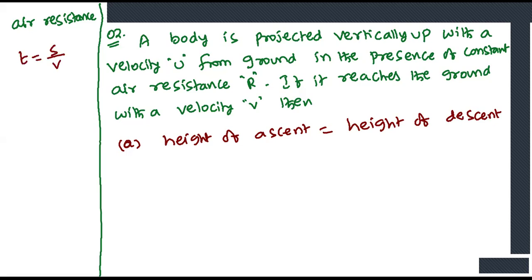Whenever it is coming down, gravity, mg, will act, and air resistance will act upwards. Since it is falling down with an acceleration a, we can write ma equal to mg minus r.